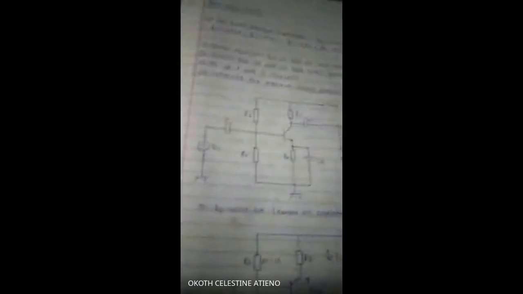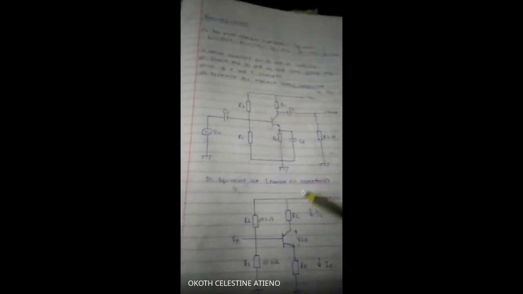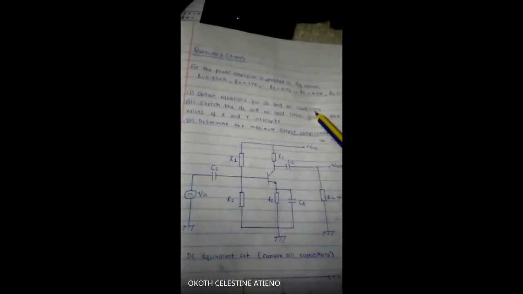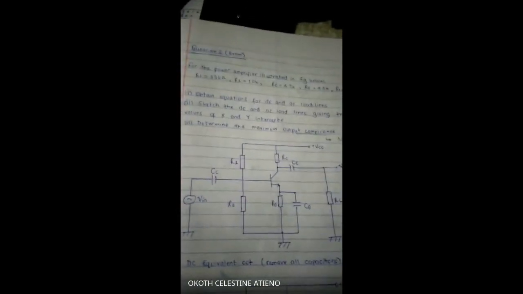So let's see. We have a circuit here. The first thing, we've been told to obtain DC and AC load lines. When you're determining your DC load line, you'll have to get your DC equivalent. When you're determining your AC load line, you'll have to get your AC equivalent circuit.